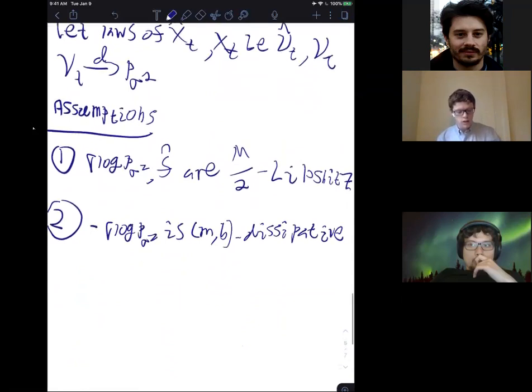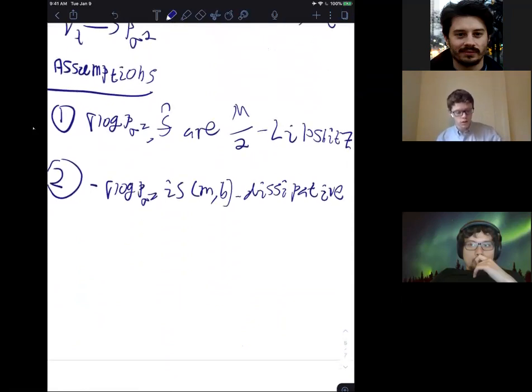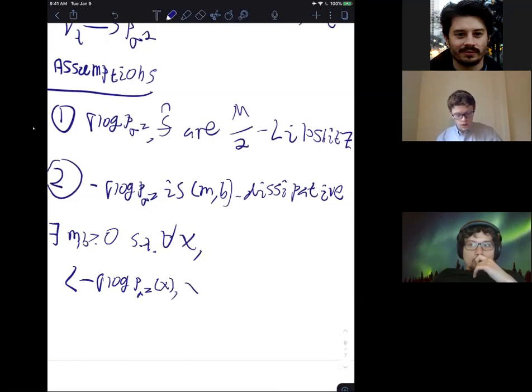And this is maybe a little less standard. What this means is that there exists m greater than 0 such that for all x, minus ∇log p_σ²(x) dotted with x itself is greater than or equal to m|x|² minus b.